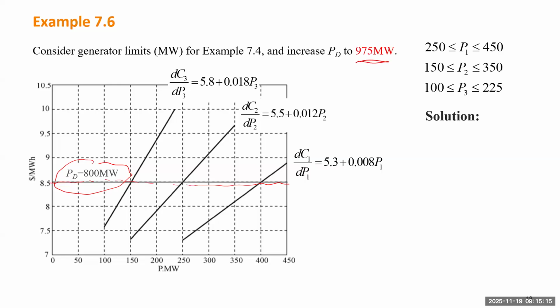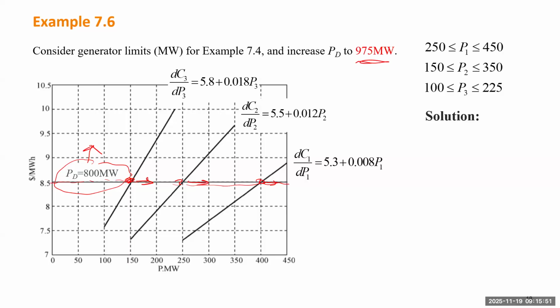But when we increase the load to 975, we just need to move up this line because all the 3 intersection points will move to the right because all the slopes are positive. So when we move up this line, the intersection points will move to the right. And we just do some fine tuning of this line until the 3 intersection points give us the P values, which total 975. That's the idea.